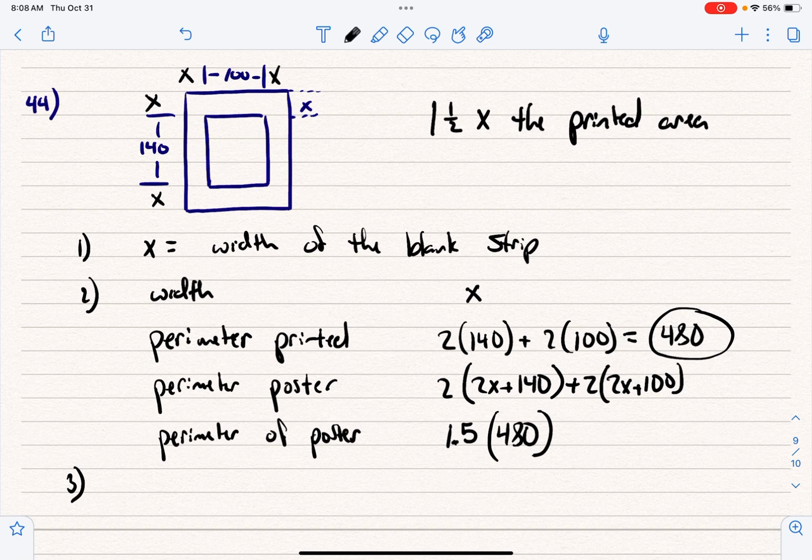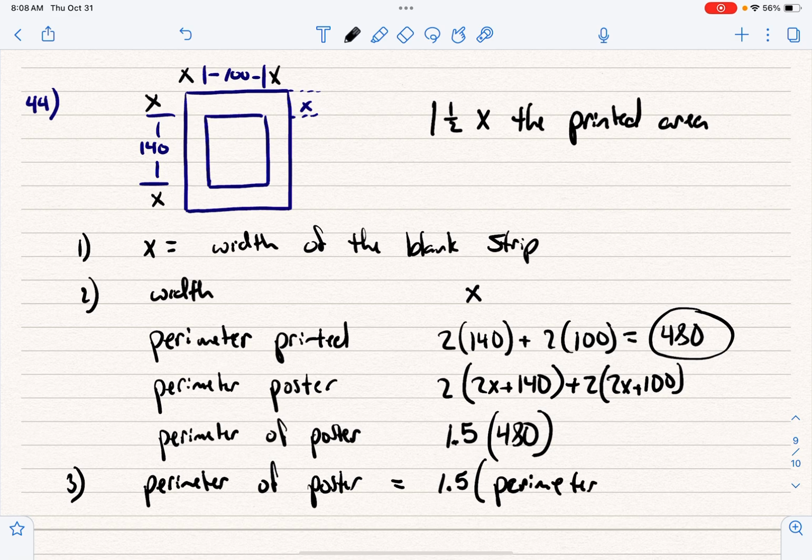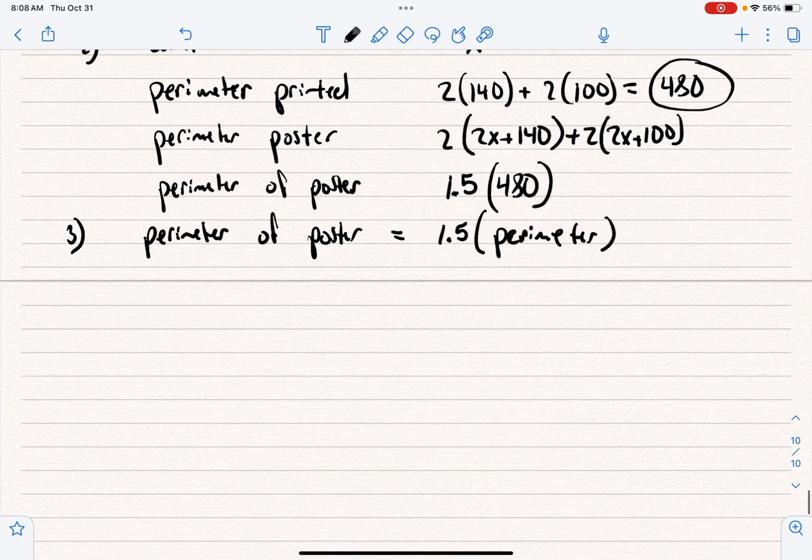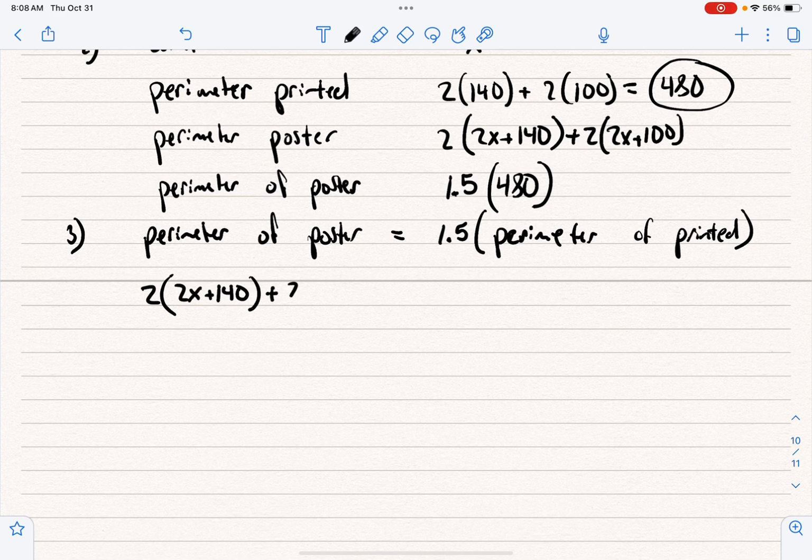We can say that the perimeter of the poster is equal to 1.5 times the perimeter of the printed area. And we go ahead and set that up. The perimeter of the poster, which we know to be 2 times 2x plus 140 plus 2 times 2x plus 100, equals 1.5 times 480. And now we just solve.